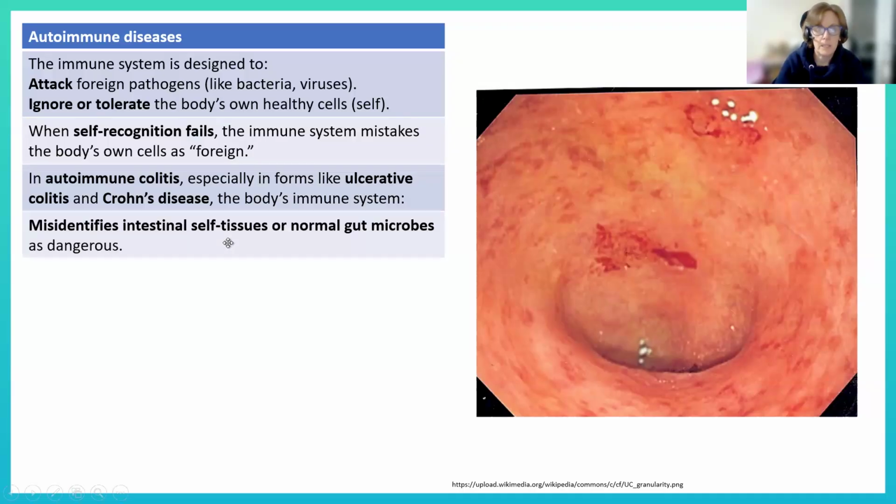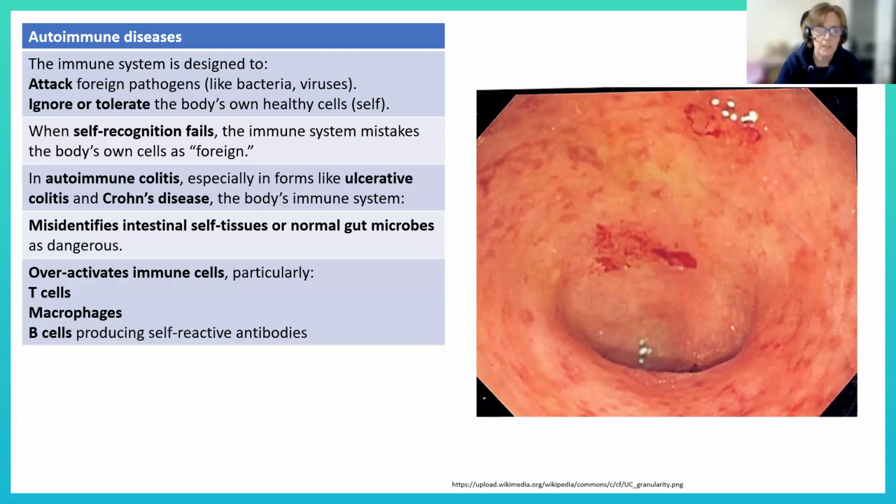And what happens is the body will misidentify the self tissue, like your own tissue, or normal gut microbes, because we've got an awful lot of microbes that live in our guts, which are really important for helping us break down our food, and most likely have a massive role in regulating the immune system, but we don't understand that fully or even partially at the moment.